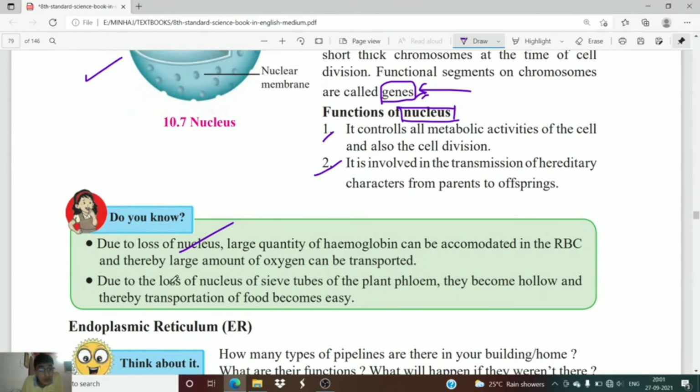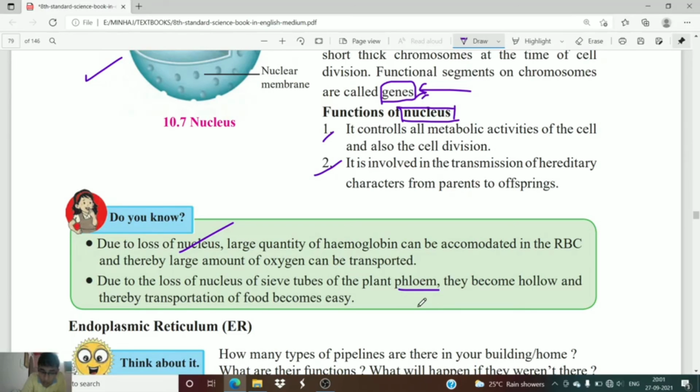Next is, due to the loss of the nucleus of sieve tubes of the plant phloem, they become hollow, and thereby transportation of food becomes easy. Now if the nucleus is lost from the sieve tubes of a plant, phloem, so phloem is a tissue which is responsible for the transfer of food within the plant.